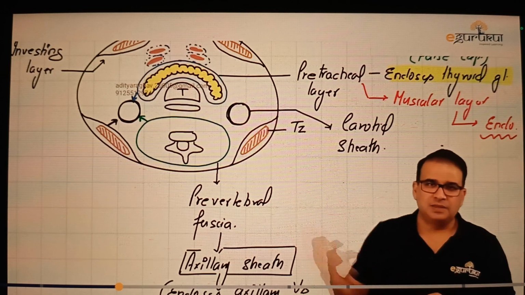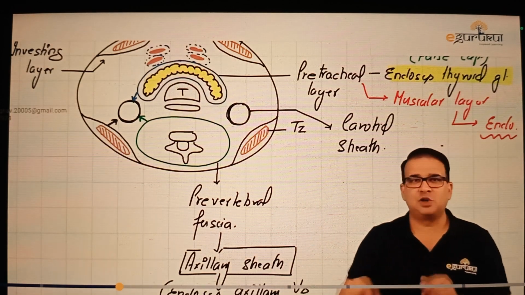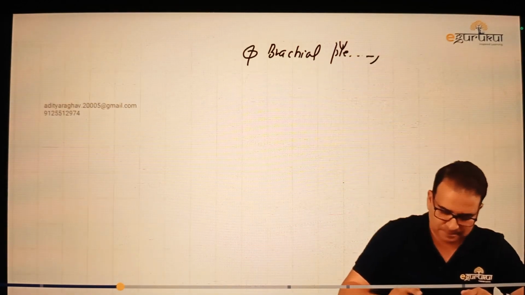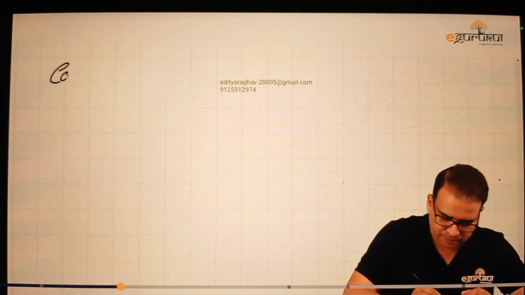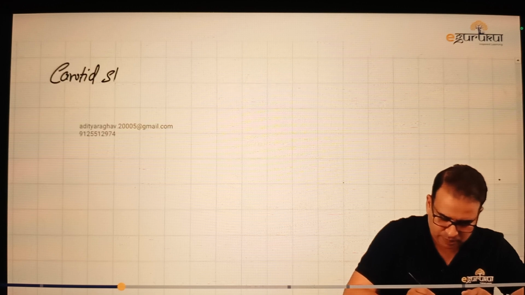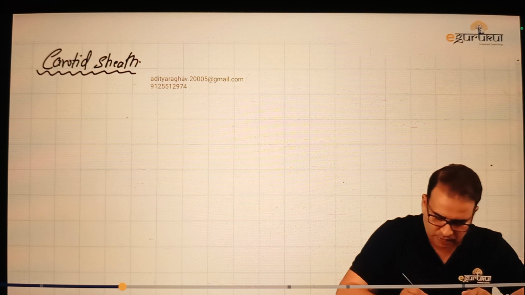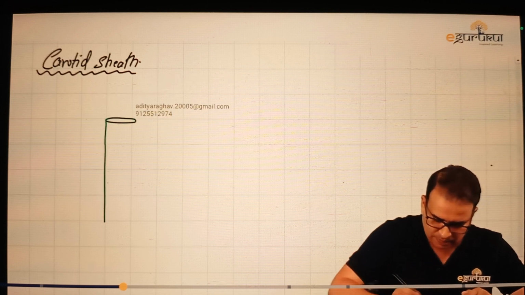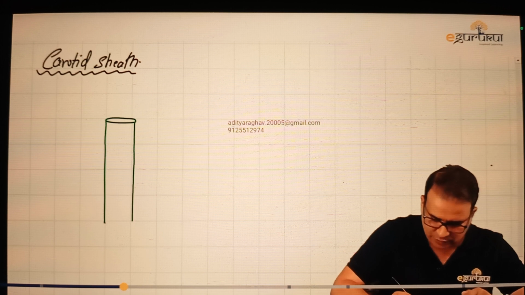Let's take out this carotid sheath from here, see it in a longitudinal section, see what the contents are, and then we'll talk about the relations also. So guys, let's look into the carotid sheath separately. Now let's say this is the longitudinal view of the carotid sheath.